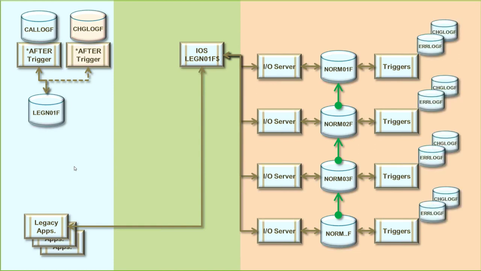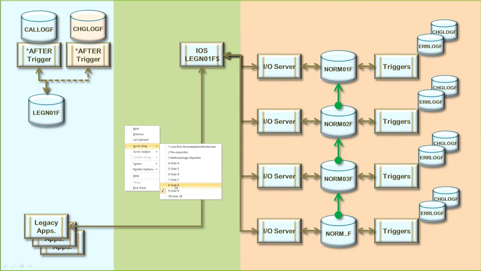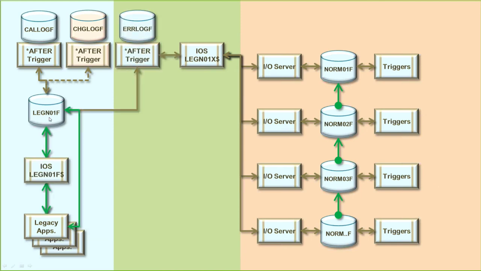You don't, because this file here is exactly the same. It hasn't changed. Its level ID hasn't changed. If it's using, let me go to slide 8, if it's using this I/O server to that file, the level ID hasn't changed.